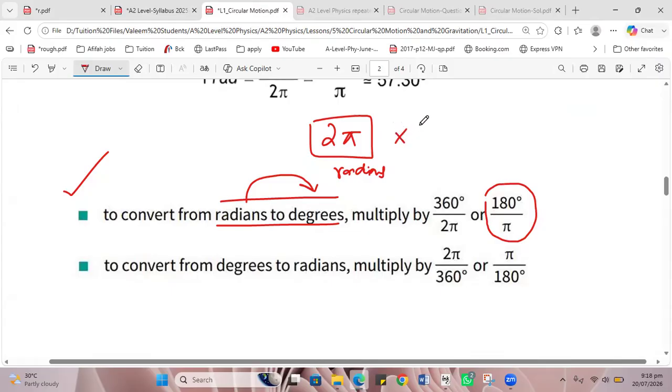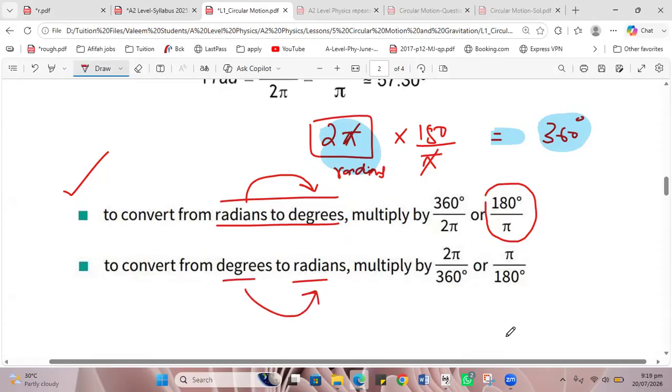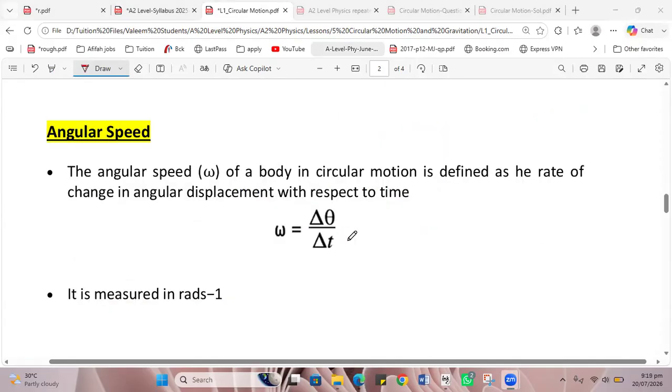I'm going to multiply it by 180 upon pi. Pi cancels out. So I'm left with 180 multiplied by 2, which is 360 degrees. So this means 2 pi radians equals 360 degrees. On the other hand, if you want to convert from degrees to radians, you do the opposite. You multiply by pi upon 180. Just flip the fraction.